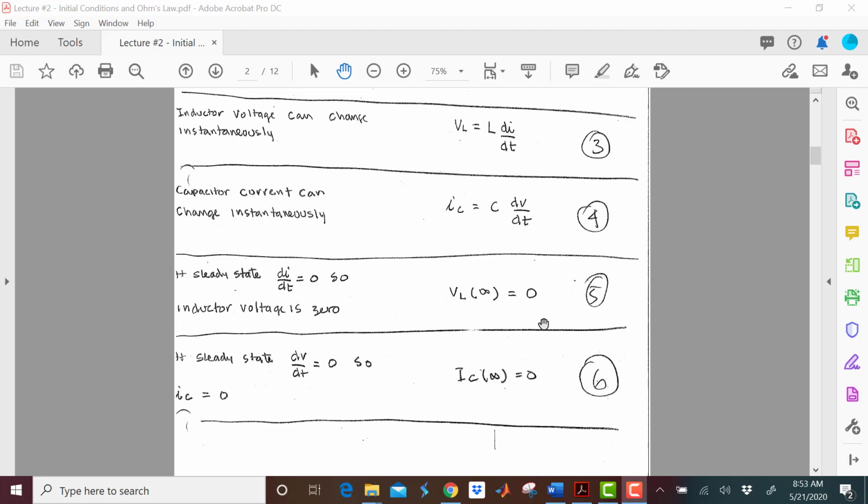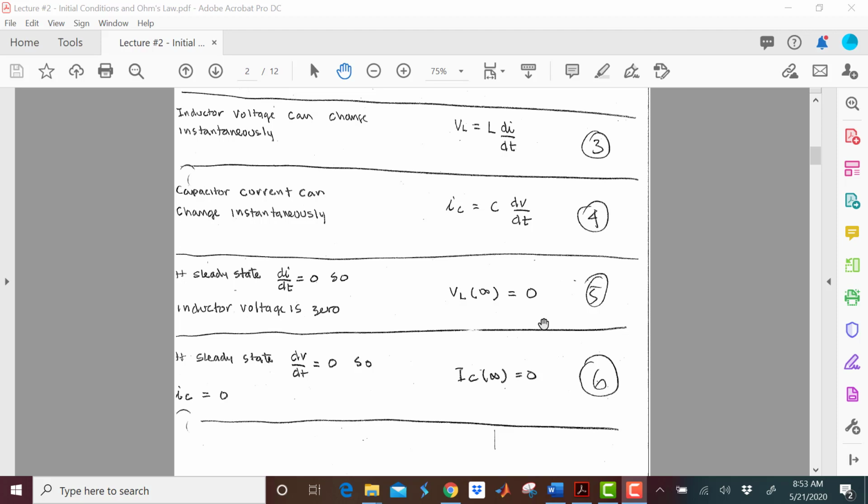Now, of course, at steady state, components can have current through them and they can have voltage across them, but it can't be changing. So I like to think of steady state as d anything/dt is equal to zero.